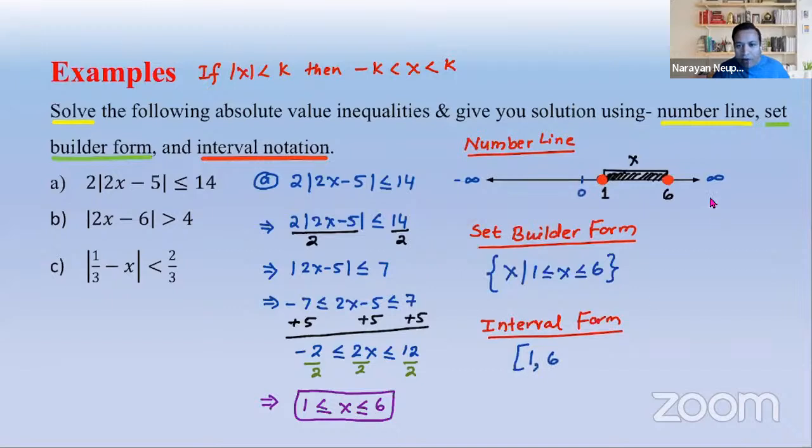That means it is included. So if it is included, we put a bracket again. One more time: parenthesis for not included, bracket for included. So this is our first example on how we can solve the absolute value inequality.